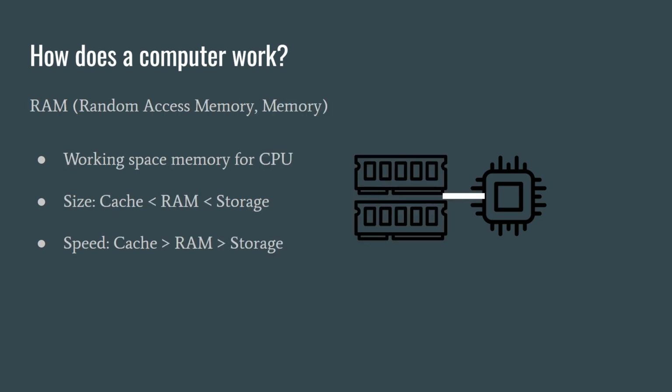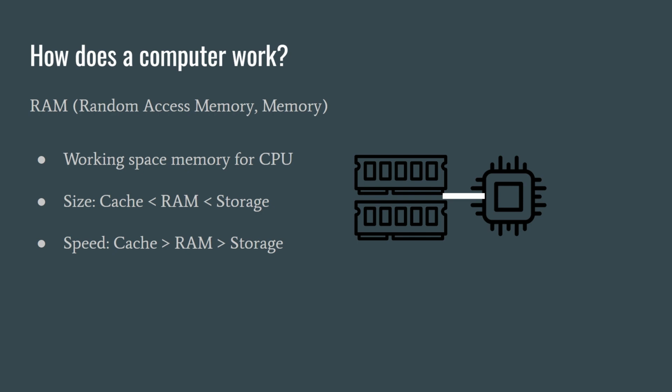So next we have RAM, which stands for random access memory, but most people just refer to it as memory. The memory is like the working space for the CPU. So cache is very small in the CPU, but it's very fast. It's on the order of a couple of megabytes. RAM is a lot larger, maybe like 8 to 16 gigabytes of RAM, but it's slower than cache.